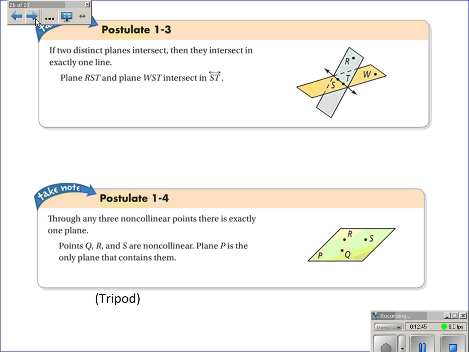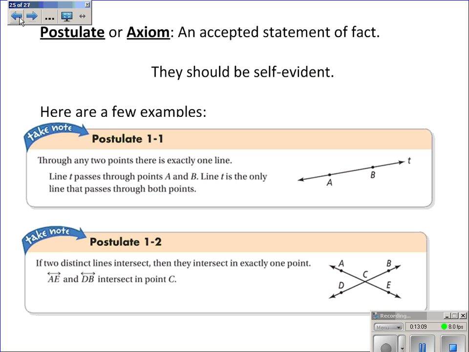And the last postulate we'll talk about today is through any 3 non-collinear points, there's exactly one plane. So if you pick any 3 points in space, you can draw a plane through them, and there's only one of those planes. I don't mean to get too theoretical, but those are just some examples of postulates or axioms. They're statements that should make sense. You can draw pictures, and usually it makes sense.